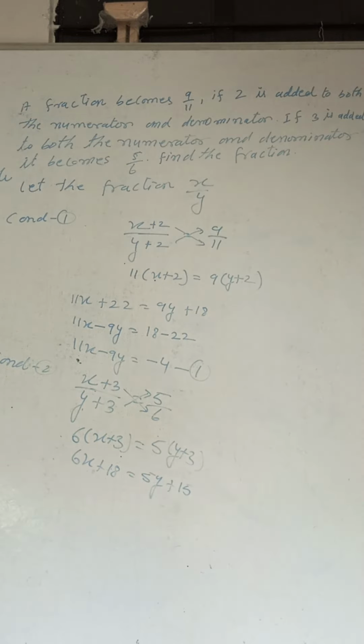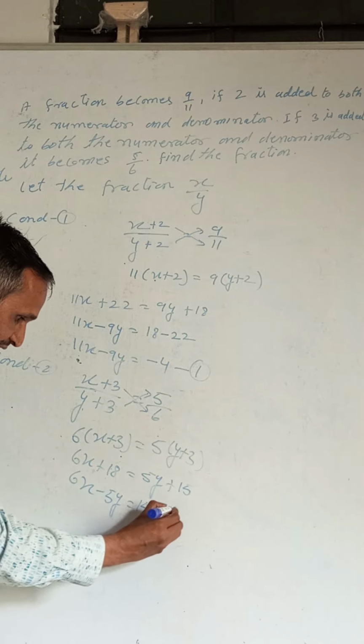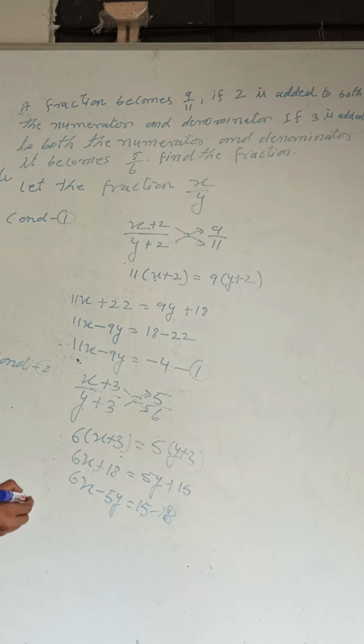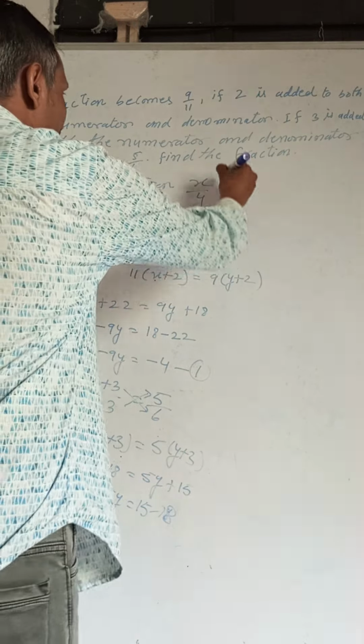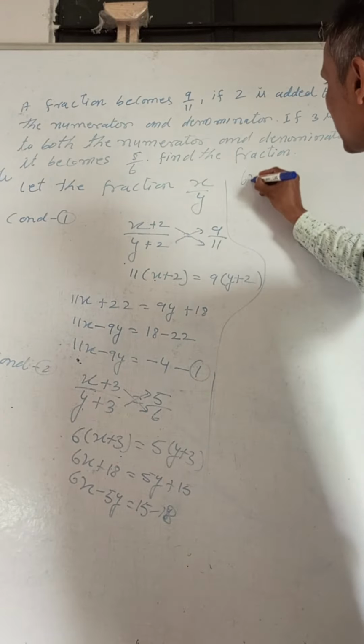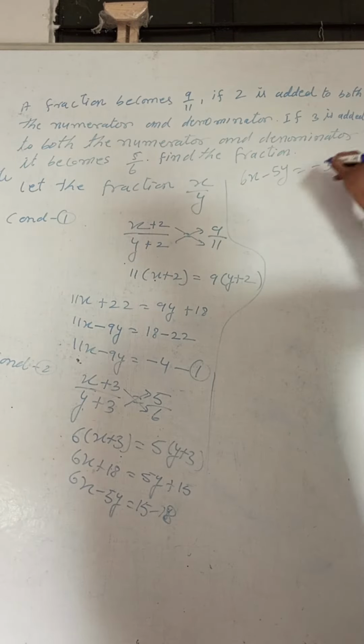Now changing sides, 6x minus 5y is equal to 15 minus 18, which is 6x minus 5y is equal to minus 3. It is equation number 2.